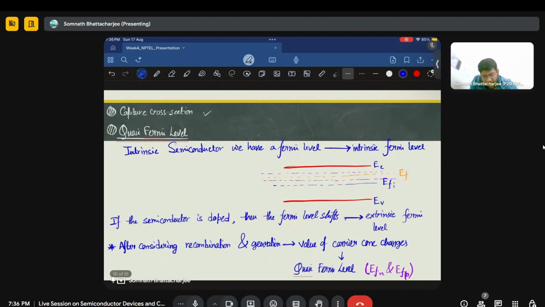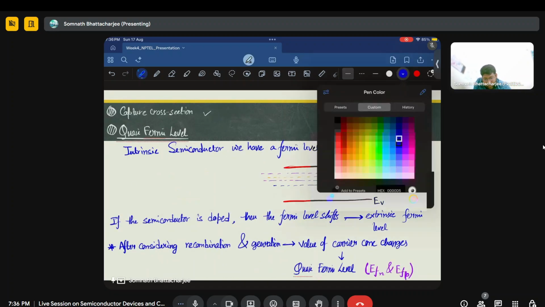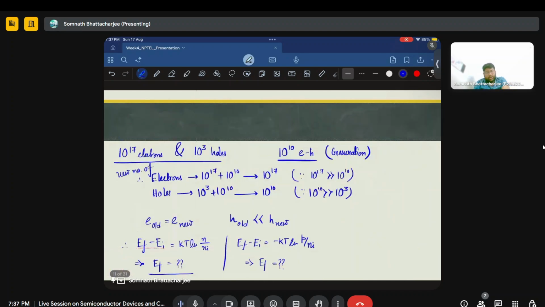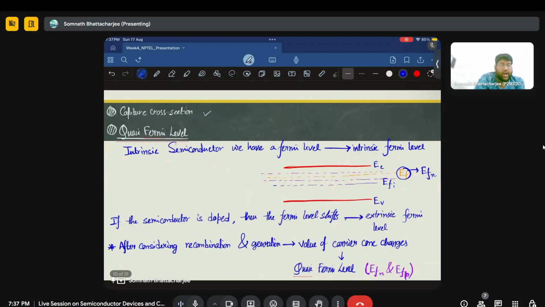So we can maybe redraw it. This EF will become EFn, because there is no change in the number of electrons in the material, but there is a new, higher number of holes in the material, and based on that we will have another value.